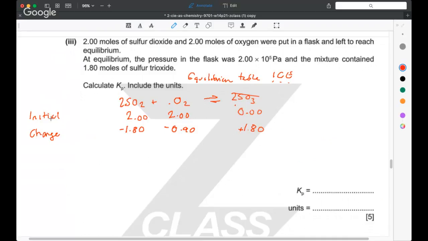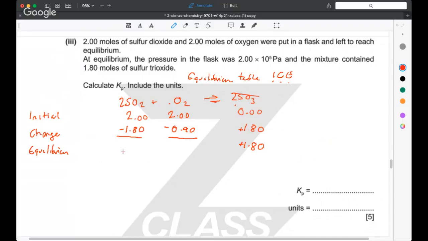So that's the initial, that's what's changed, and the E stands for, well, what are the amounts at equilibrium? Well, the amount at equilibrium in the question, we were told that, and we can work out the equilibrium amounts of sulfur dioxide and oxygen just by subtracting the change from the initial amount.